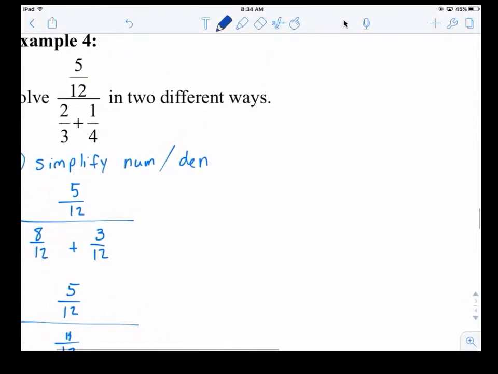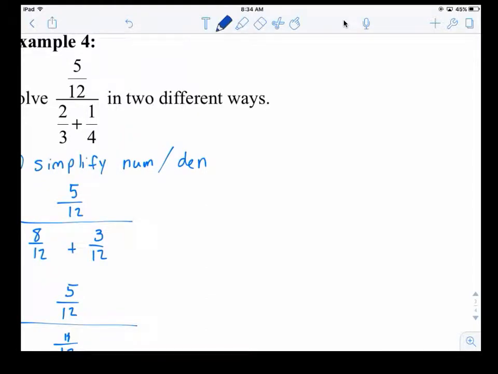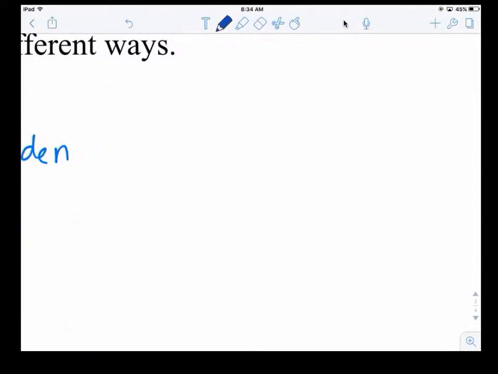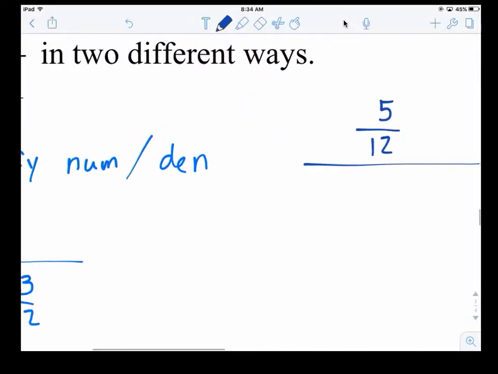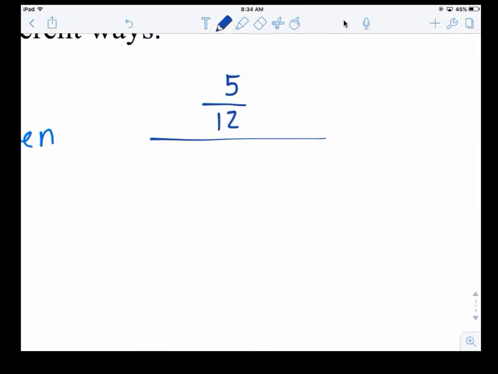Now, the other way to do it is actually the way that I would go about it, because it's a little bit faster. You look at all the fractions that you have and find the common denominator between all three of them. 12, right? So I'm going to multiply on the top and the bottom by 12.